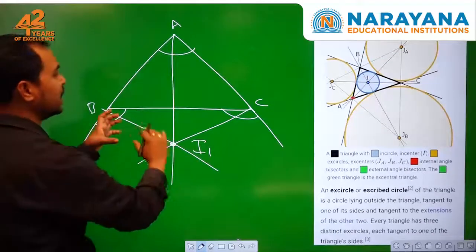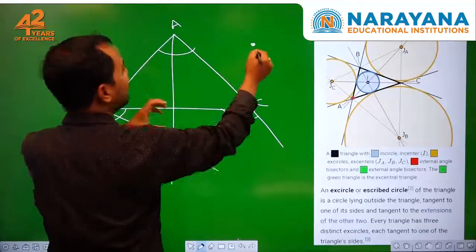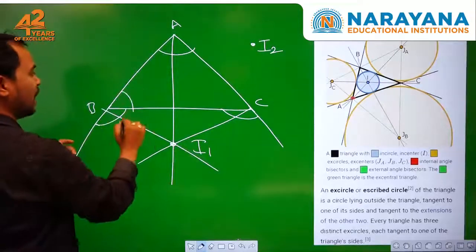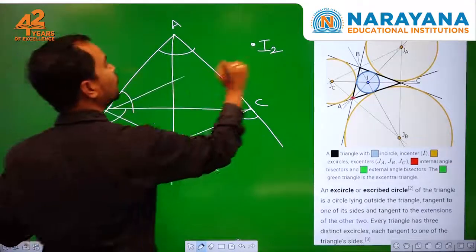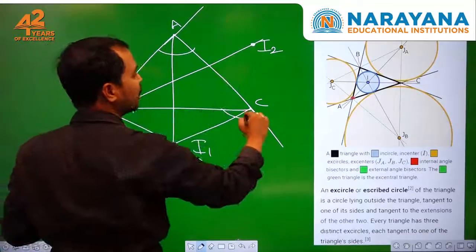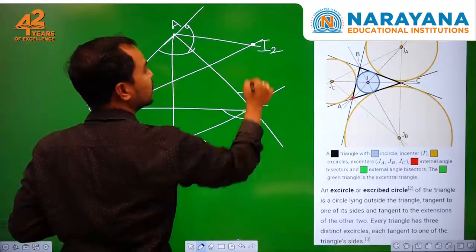Similarly there will be another excenter which is opposite to B, denoted with I2. So I2 is formed by the internal angular bisector of B and the external angular bisectors of A and C. This is I2.